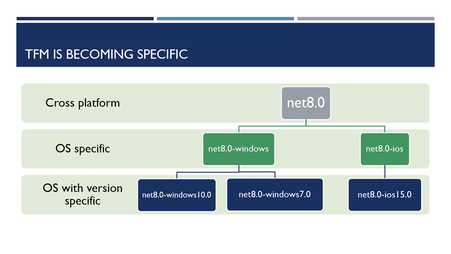This is why net8.0-windows is actually a more specific version of TFM only for Windows. net8.0-ios in this sample is also only for iOS. And then we have also more specific, more detailed versions. Let's say we have net8.0-windows10.0, and we also have net8.0-windows7.0, and for iOS version 15.0.